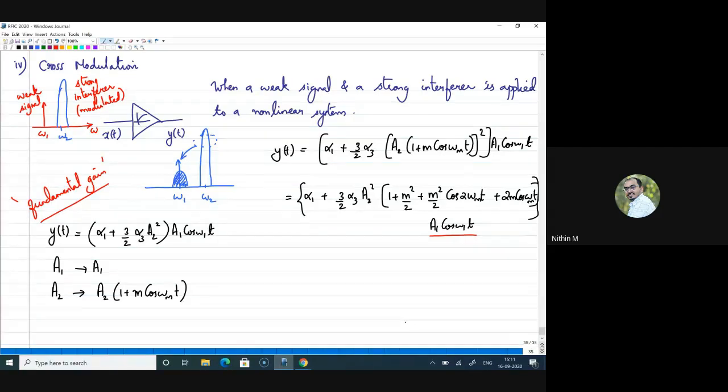By considering the strong interferer as modulated, I can conclude that even the amplitude of the signal appearing at the output is getting affected by these terms, 1 plus m square by 2, m square by 2 cos 2 omega mt, and so on. These are in fact modulating your signal at the output, which is at A1, right? This phenomenon we generally call cross modulation, because the modulation is being transferred from the interferer to the weak signal at the output, right?